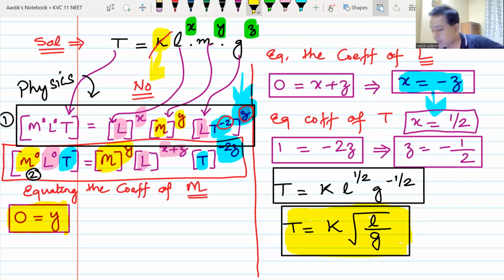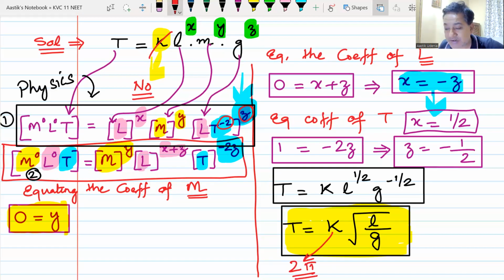Why am I calling it a possible formula? Because with this process, I cannot get the value of k. But we can get the value of k using experimentation, and we now know that the value of k is 2 pi.